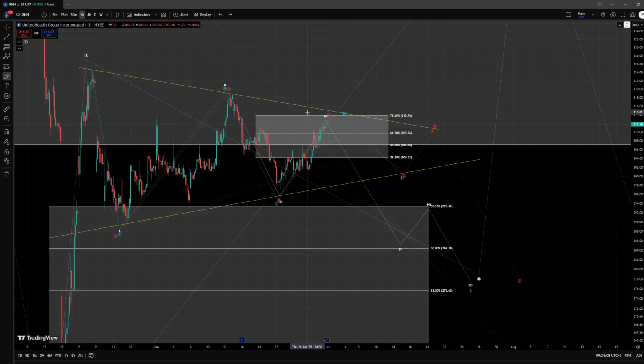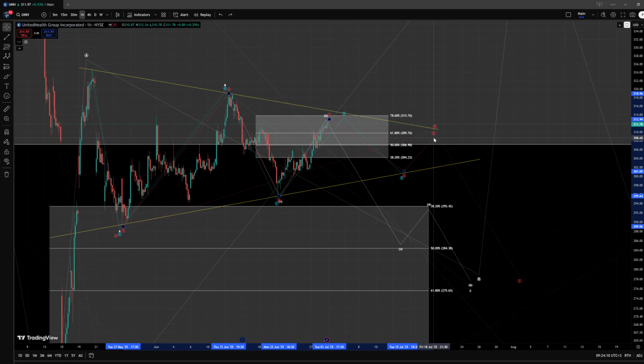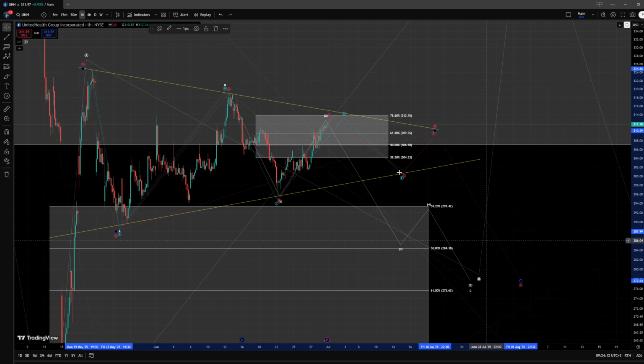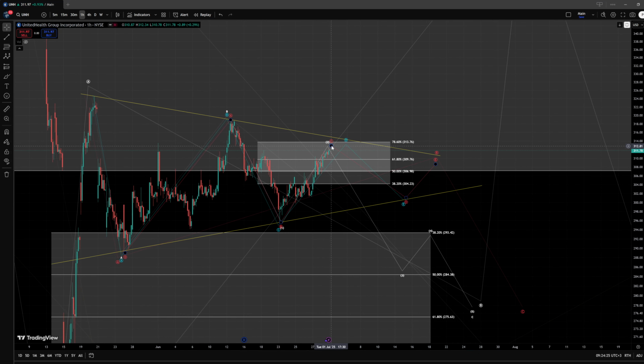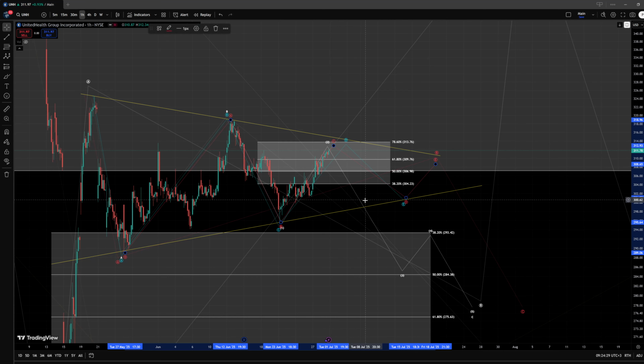That's still valid, and then there's also the red count, which can also take us lower. Just keep in mind, we should respect the trend lines, and even if we break above or below the trend lines, it's not necessary that the breakout started directly. They do sometimes break and don't follow that as a hard guide, okay?